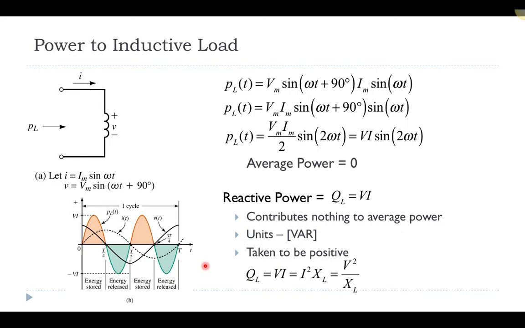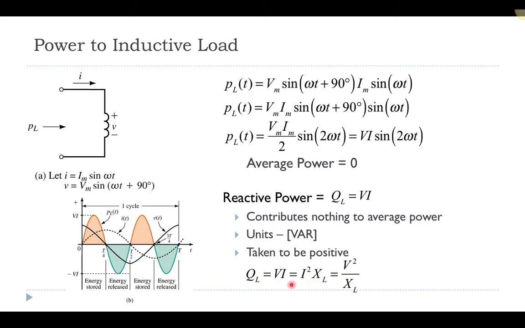And so we can write the reactive power using the equivalent of Ohm's law for AC. And we know that for an inductor, the voltage is equal to the current times the inductive reactance. So if I replace the voltage here with the current times the inductive reactance, I get current squared times inductive reactance.